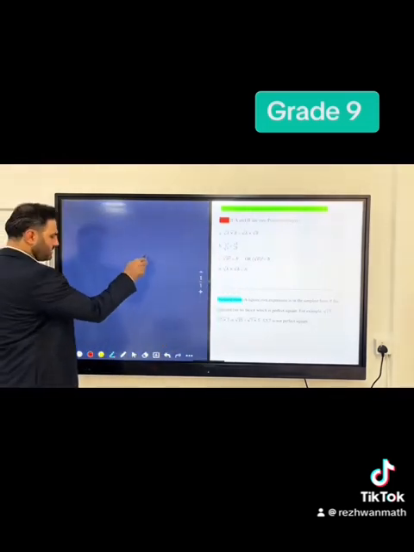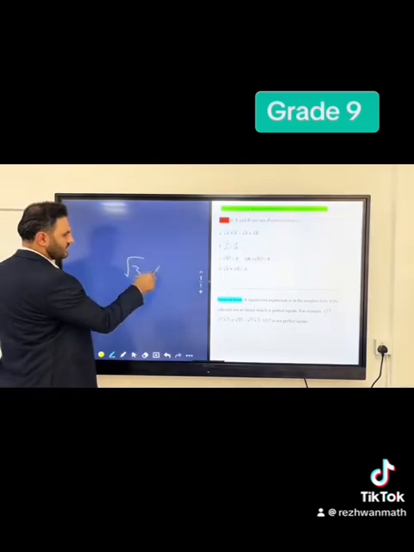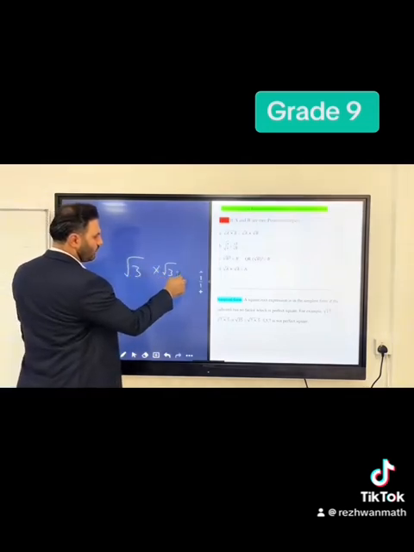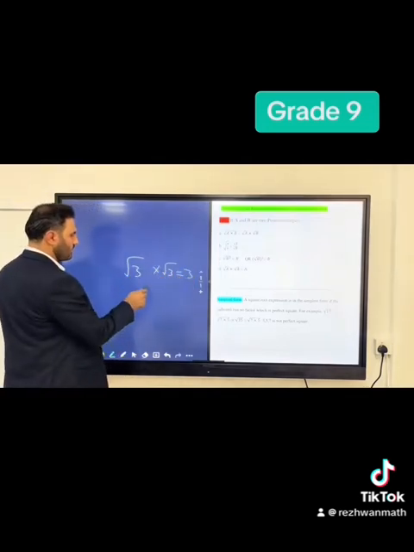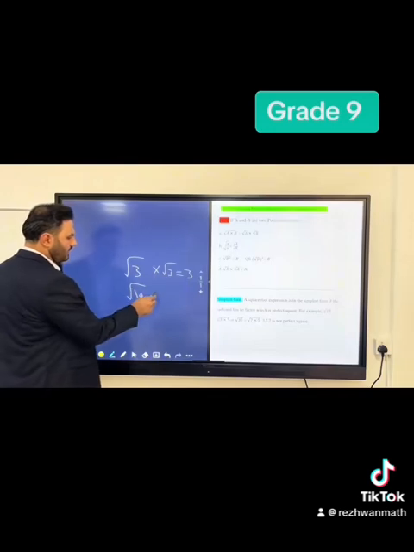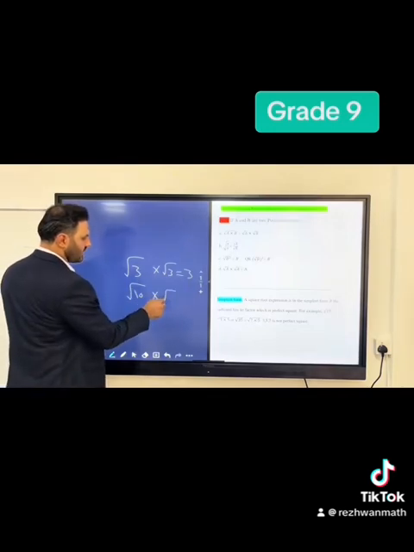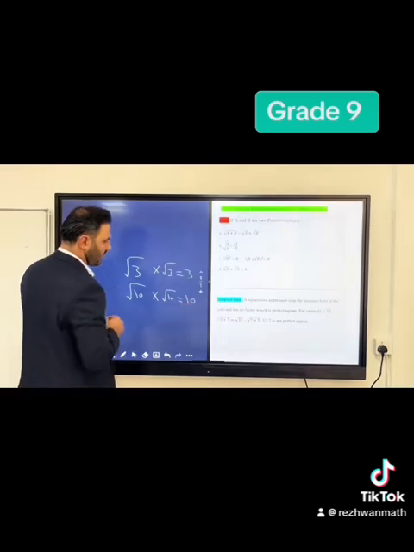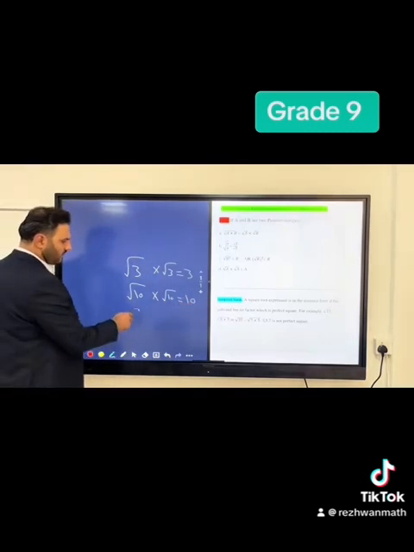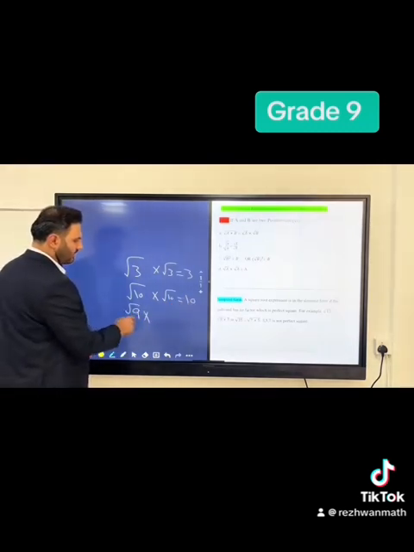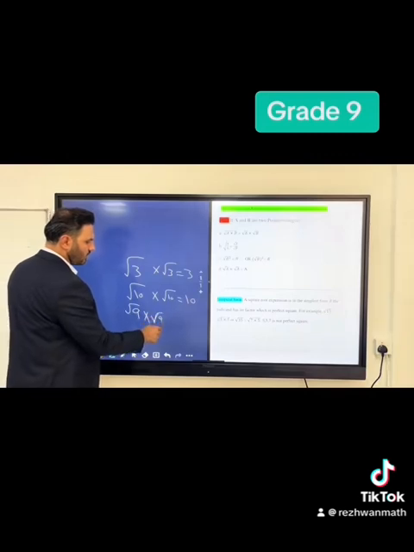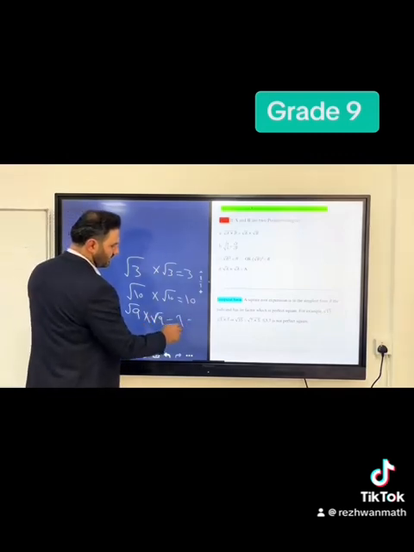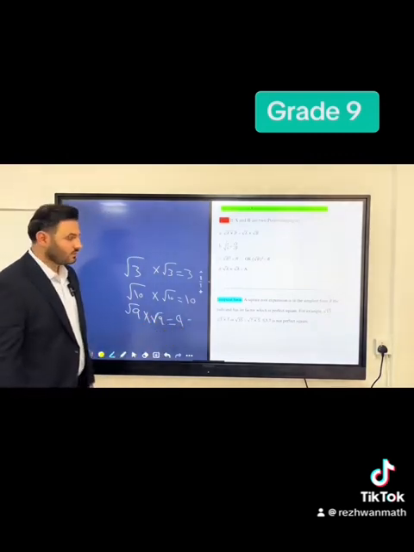When we multiply the square root of 3 times the square root of 3, we get 3 without square root. And if we multiply the square root of 10 times the square root of 10, we get 10. If we multiply the square root of 9 times the square root of 9, we get 9 without square root, okay?